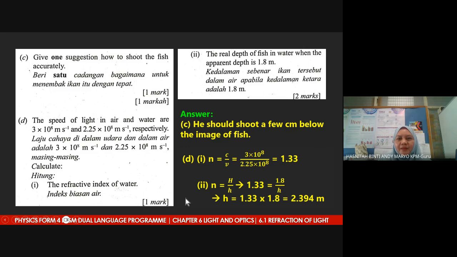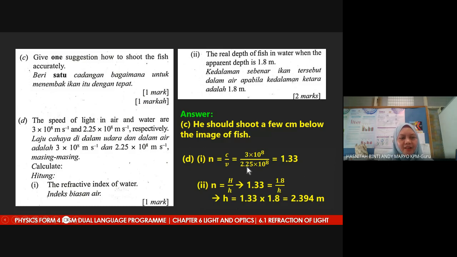Okay, then second, use this formula. N equal to H, real depth divide apparent depth. So N is 1.33. Real depth, find the real depth, apparent depth. So is this correct?